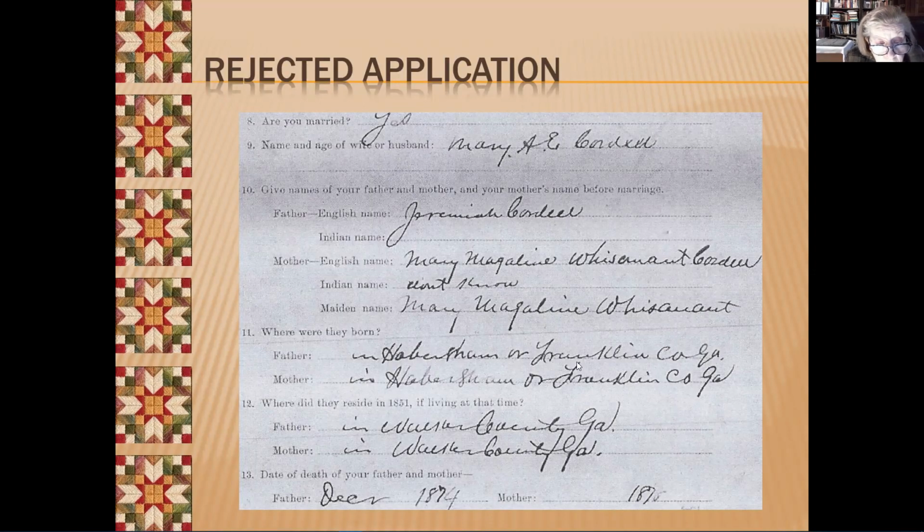In Habersham or Lumpkin County, Georgia. He's not real sure. Where did they live? In 1851, they lived in Walker County, Georgia. And then when did they die? So his father died in December of 1874, and his mother died, it looks like, 1875.